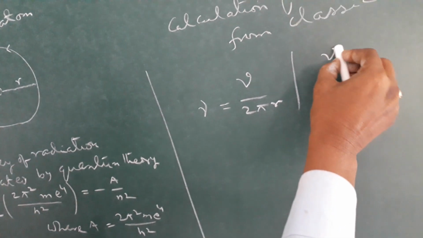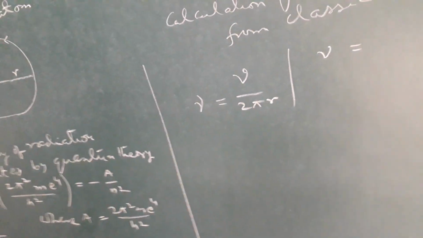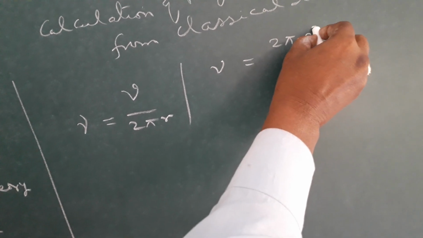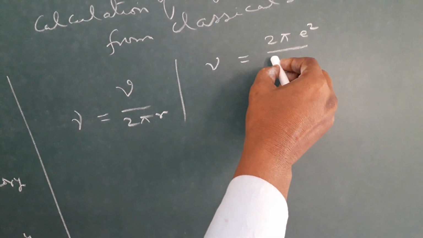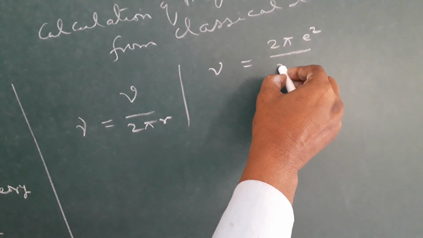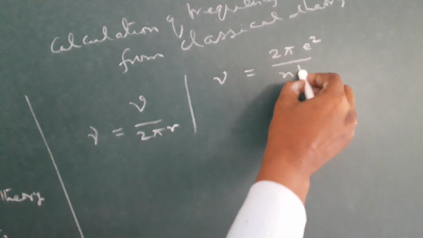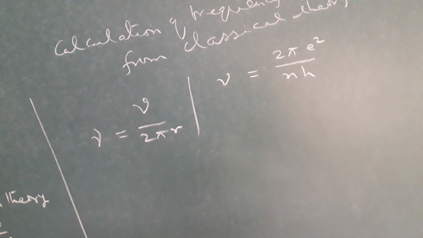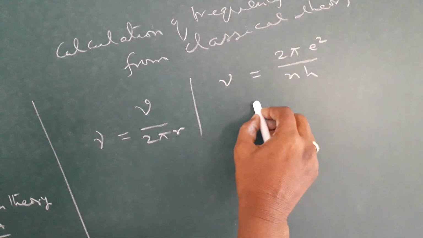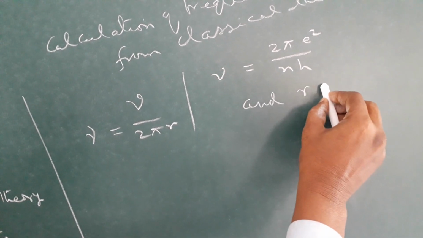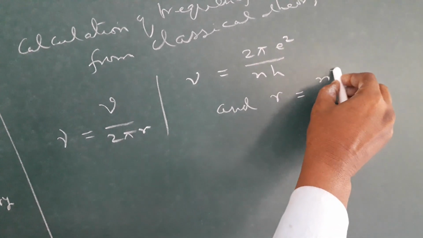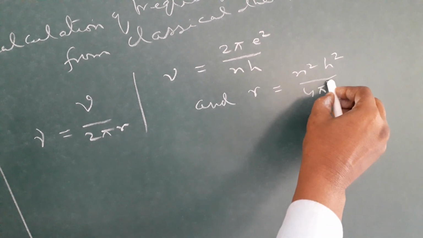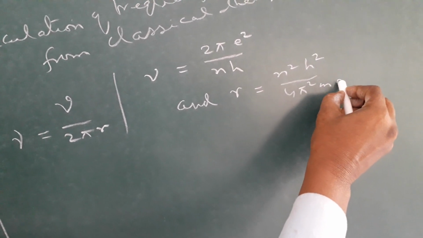But v equals 2 pi square divided by n h, and r equals n square h square divided by 4 pi square m e square.